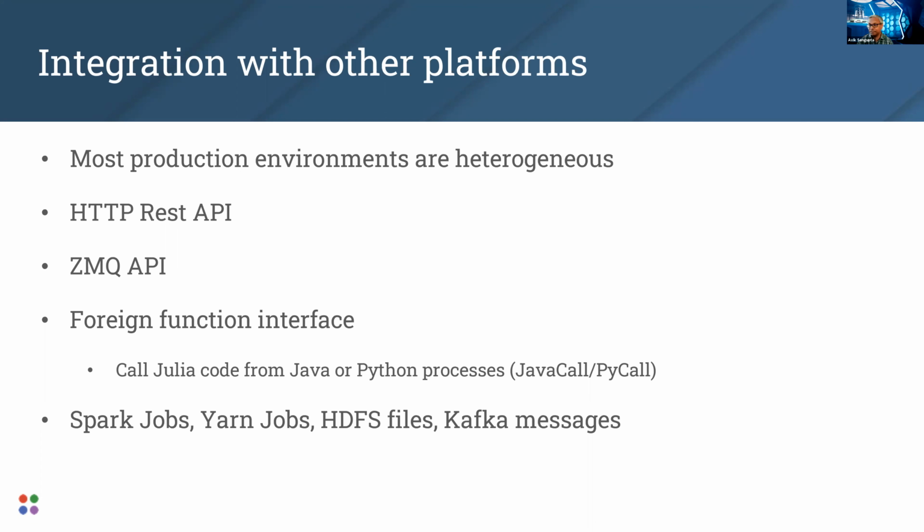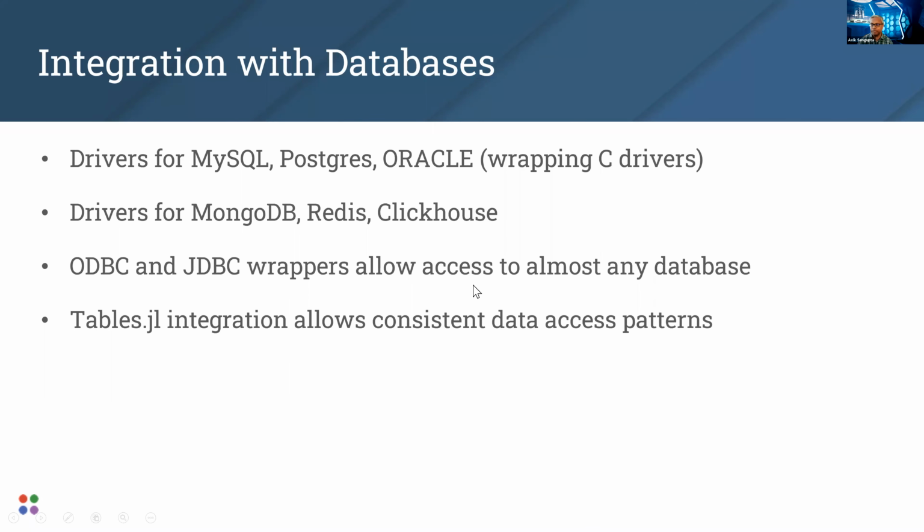You can load HDFS files. You can listen to Kafka messages from Julia. You can send Kafka messages from Julia as well. All of these things, if you don't know what they mean, don't worry. But if you do use them, I hope it's useful to know that you can use Julia for all these traditional enterprise systems that you might have installed on your network, right?